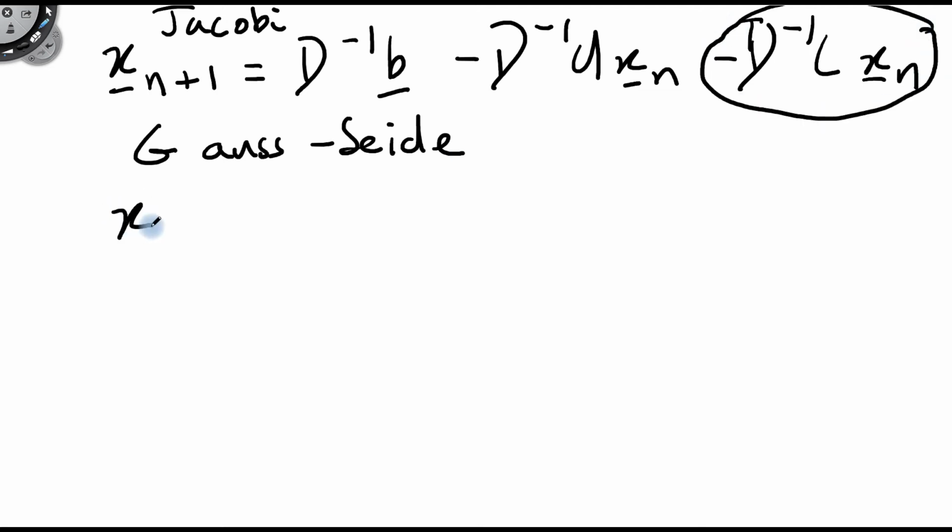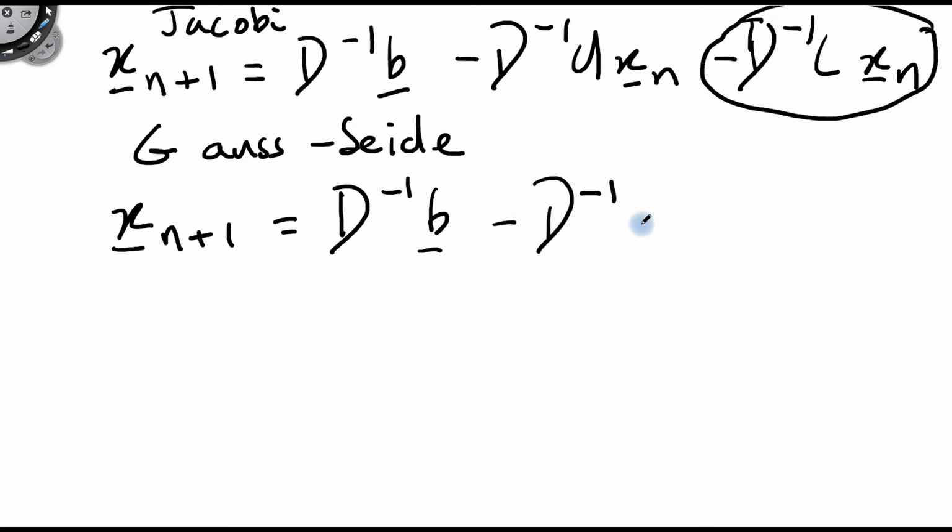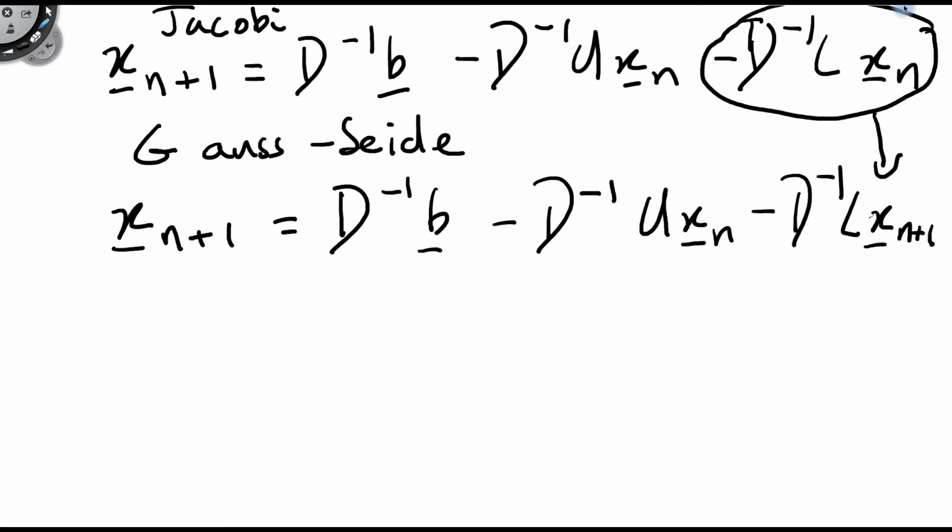So we just write it out again, everything the same, apart from this last term, which now is going to be xn plus 1. Okay, that's a key change, n plus 1 there for the lower triangular term.